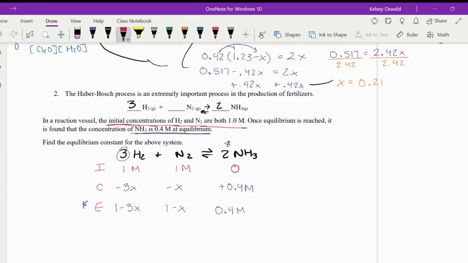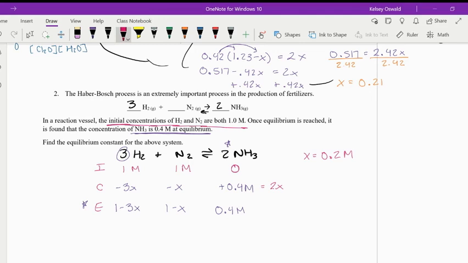Since we know we made 0.4 NH3, and NH3 has a coefficient of 2, that tells us that 0.4 is going to be equal to 2 times x, or 2 times that ratio that we're changing by. So if 0.4 is equal to 2x, that means x just has to equal 0.2 molar. So each substance will change by a factor of 0.2.